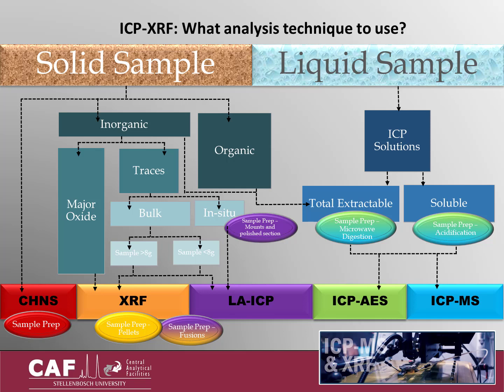For bulk traces, depending on the amount of sample you have, you will either do XRF analysis when you have more than 8 grams of sample, or you can do laser ablation ICP after fusion of the sample. When you need to do in situ trace elements, in other words the sample features remain intact, your choice will be laser ablation ICP. Both organic and inorganic solid samples can also be analyzed by ICP after digestion for only the total extractable content, not the total element content.